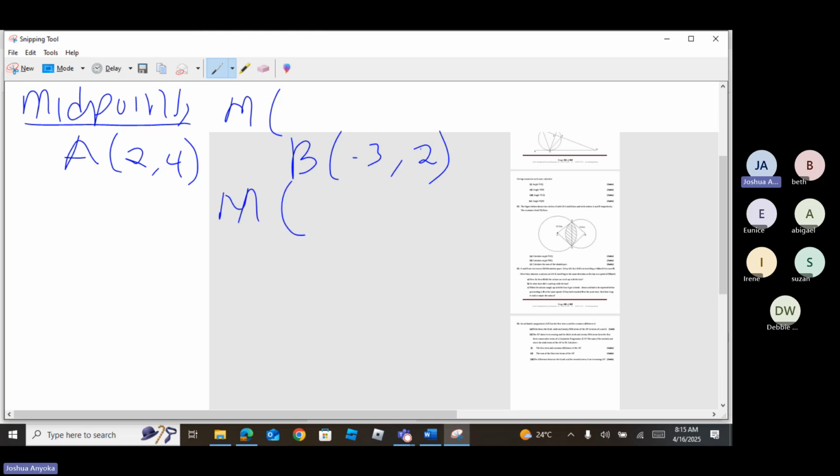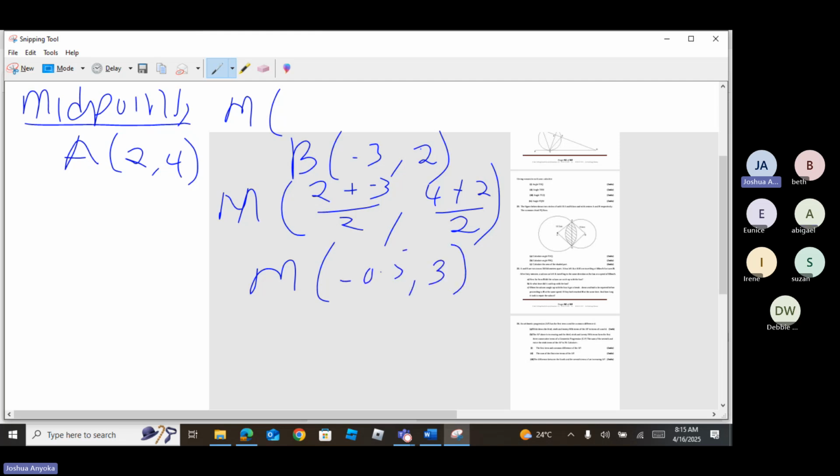The midpoint is the average: (2 plus negative 3) over 2 and (4 plus 2) over 2. So the midpoint will be equal to (-0.5, 3). So midpoint is very necessary. We are supposed to know that.